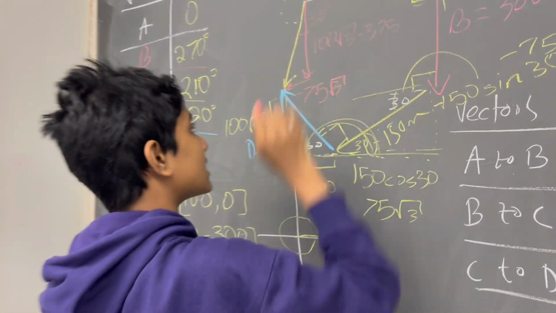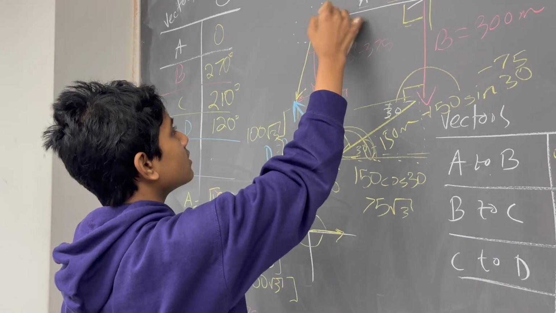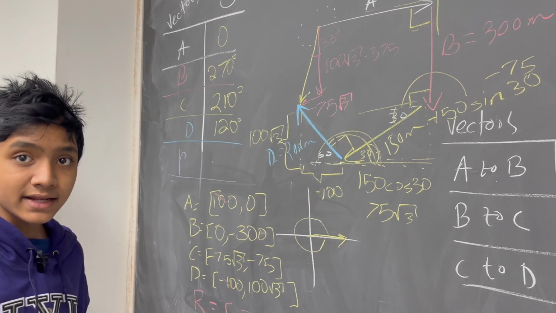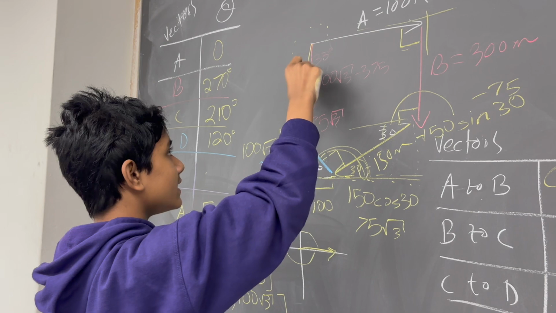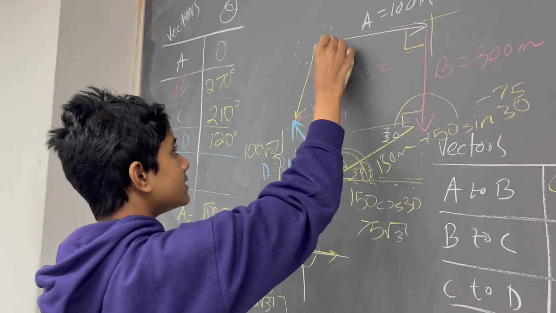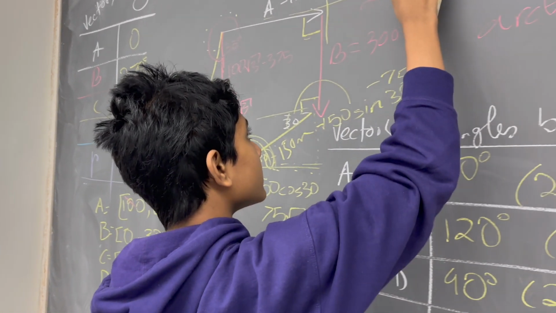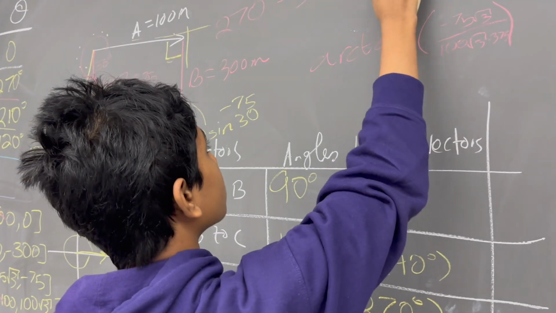But of course, that's not the final angle. 33 degrees is related to the final angle. Why? Because it's the angle between this and the negative y-axis, right over here. Which means the total angle is 270, so the final answer is 270 minus 33, which is equal to 237.